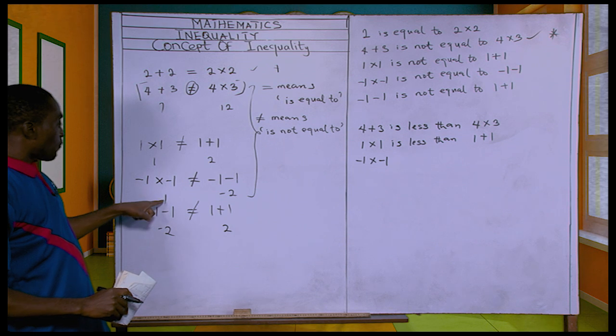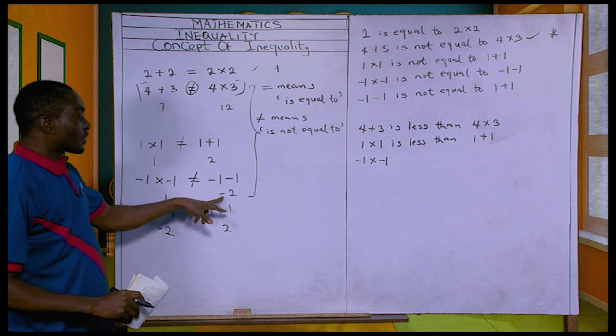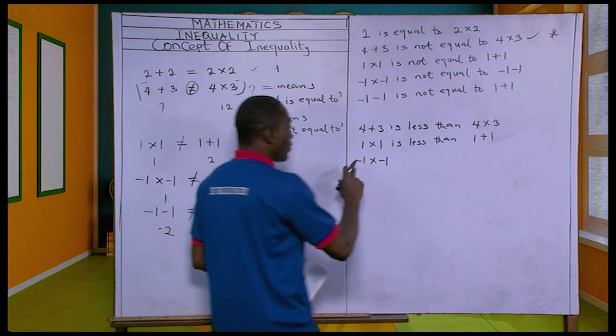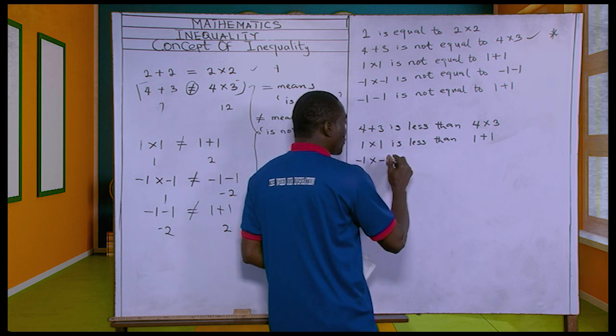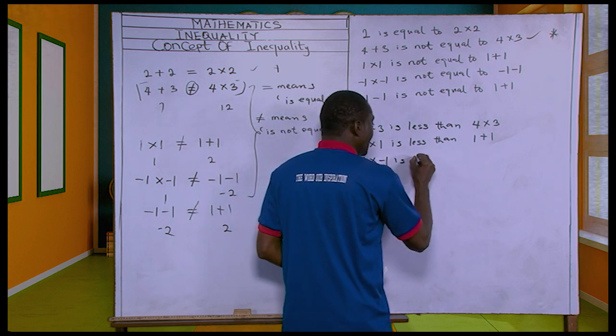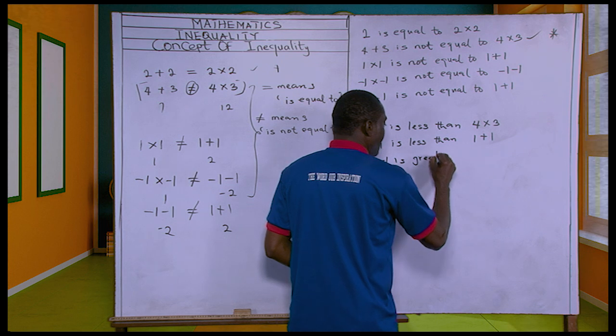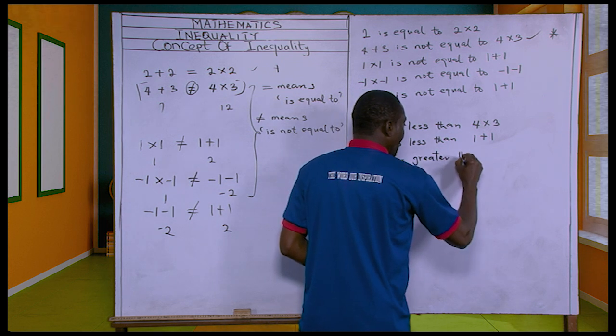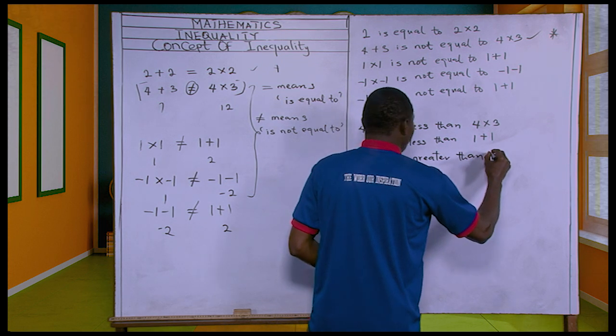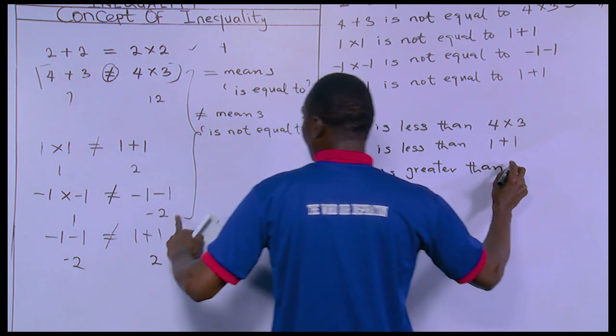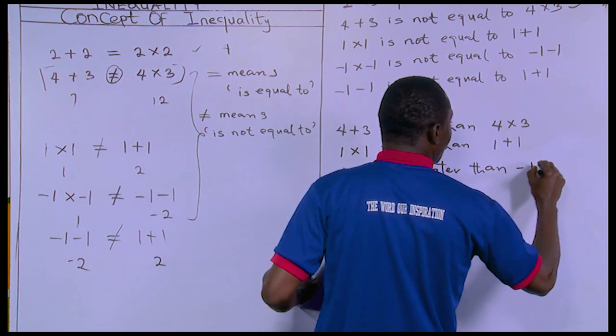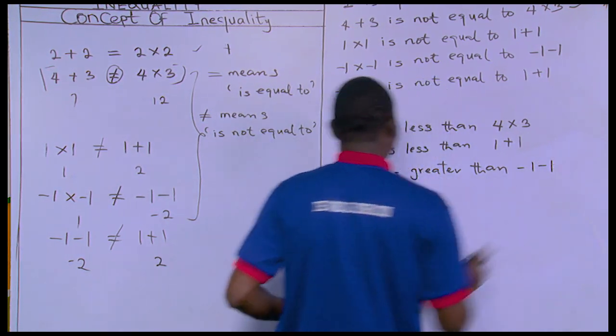And the value of 1 is greater than minus 2. So, minus 1 times minus 1 is greater than minus 1 minus 1.